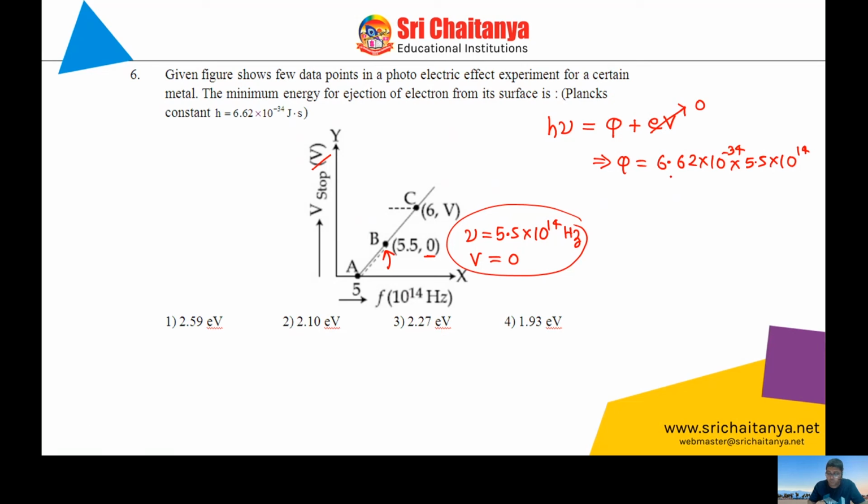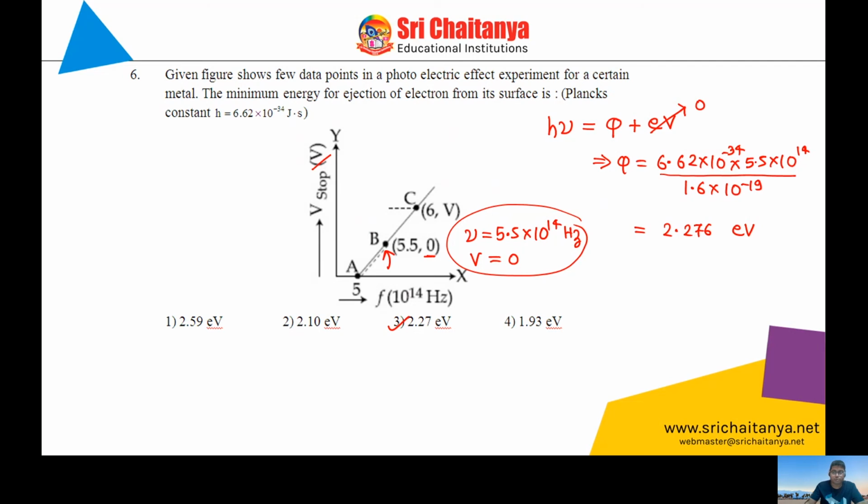So we need to convert this energy from joules to electron volt by dividing it by 1.6 times 10 to the power minus 19. The calculation result will give you 2.276 electron volt approximately. And I think option 3 would be the best choice here.